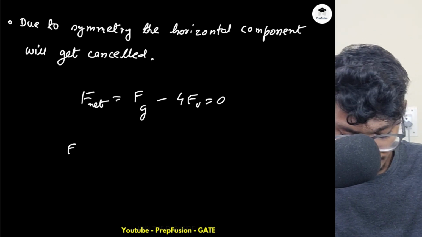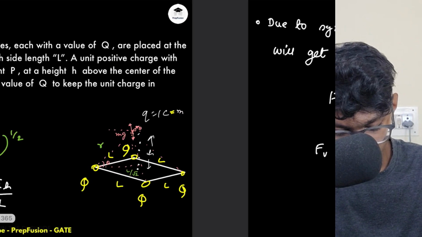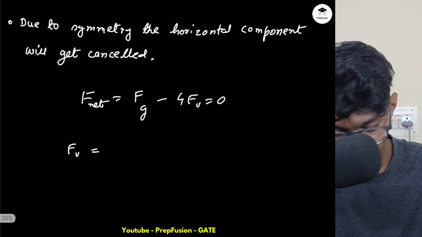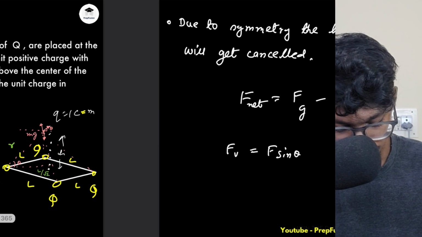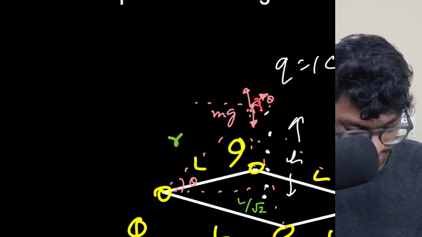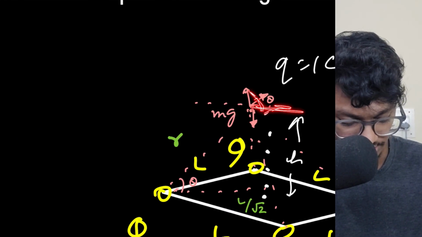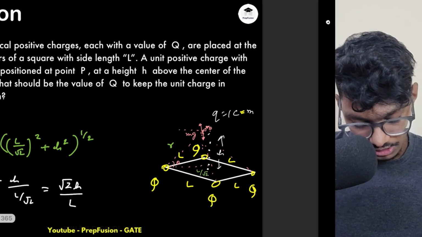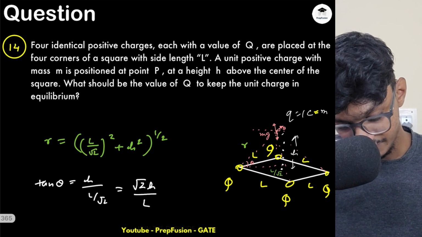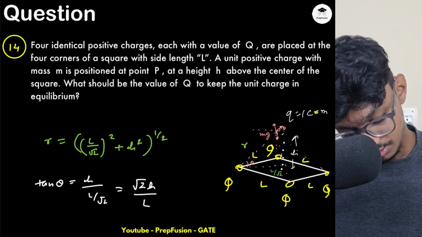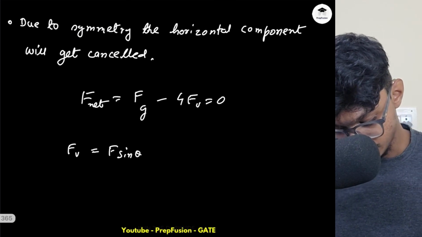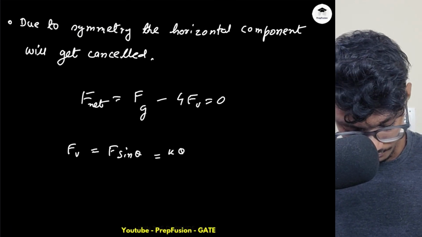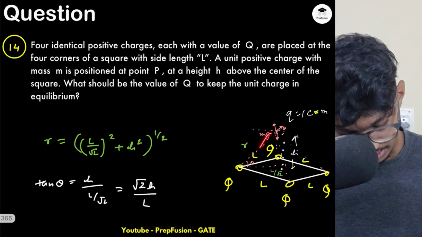So what is the vertical component force actually? If I observe, vertical component force will be simply F sine theta, right? Because this force is F cos theta in the horizontal direction, and this is in the vertical direction, F sine theta. Okay. So what is F? F is basically K Q, and this is also Q, right? K Q square by this distance R square.